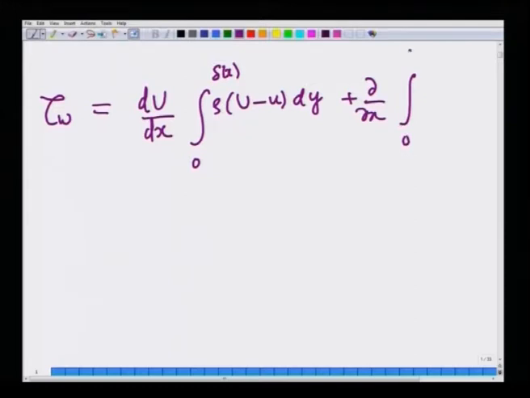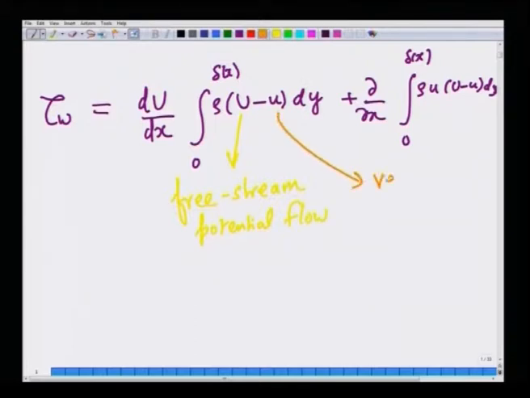Just to familiarize you with the notation, capital U is the free stream potential flow velocity outside the boundary layer, and small u is the velocity profile inside the boundary layer.